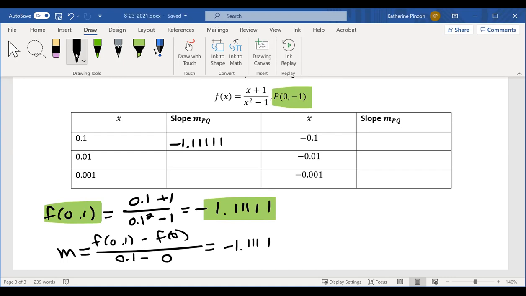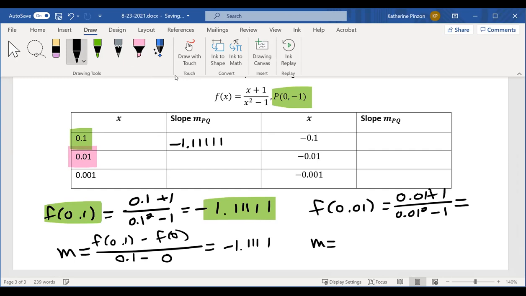That was this value right here. If I want to do the next value, this 0.01, I would do the same kind of calculation. I would do 0.01 plus 1 over 0.01 squared minus 1. It would give me some number.